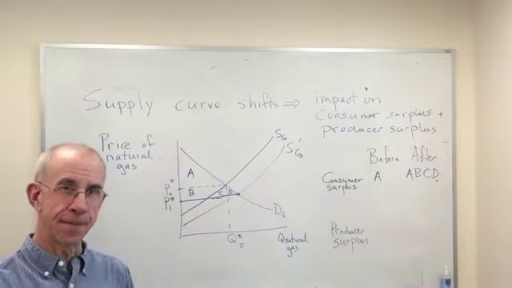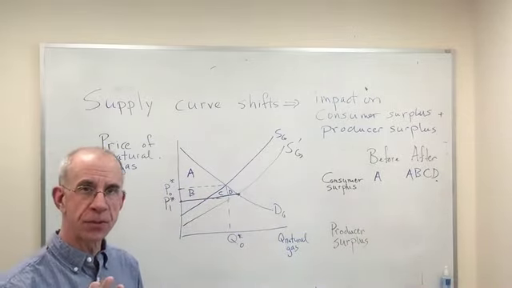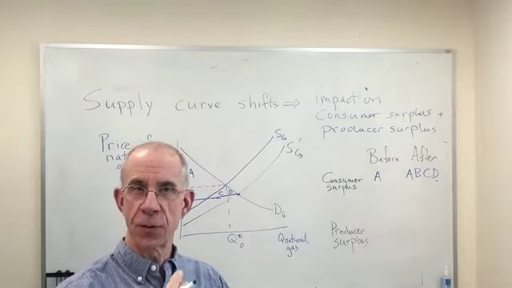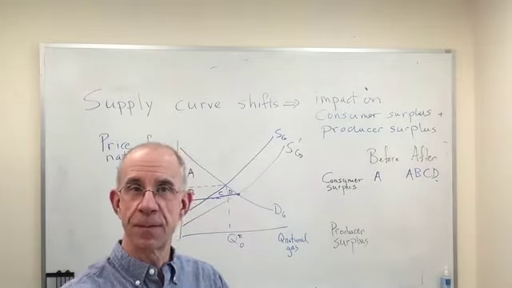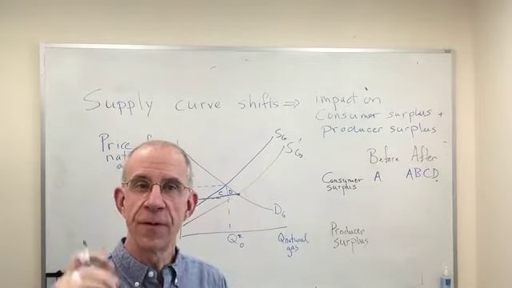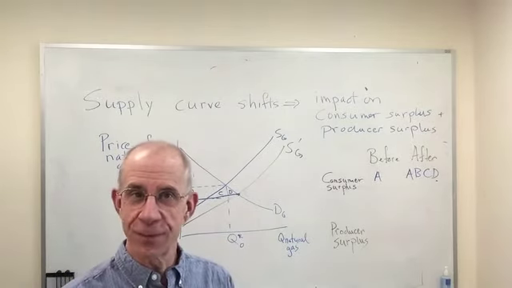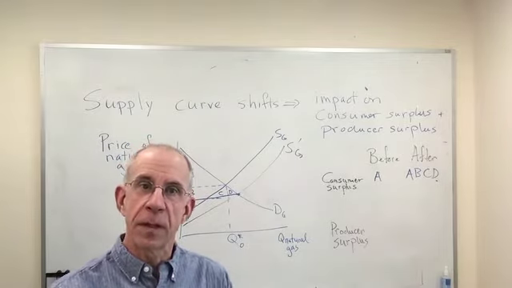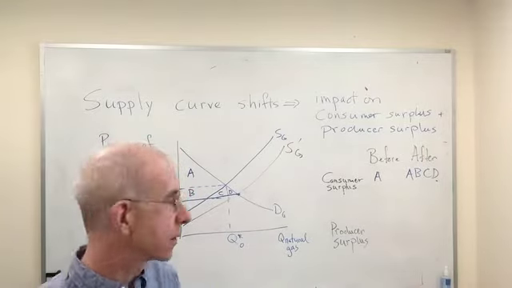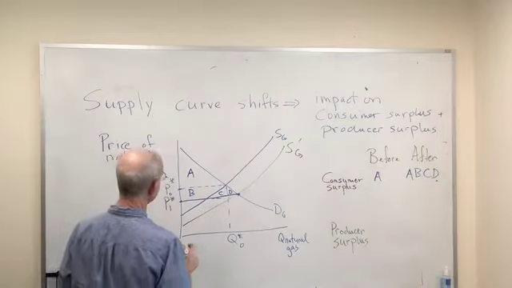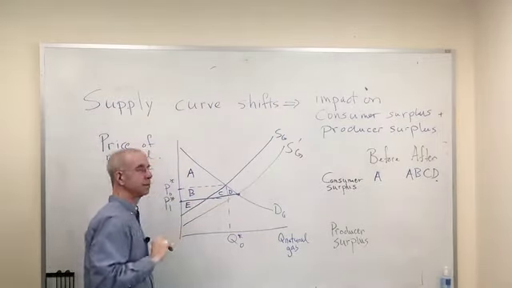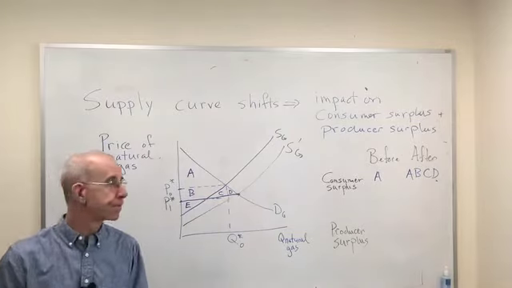Producers are a little bit trickier, because remember, producer surplus is defined based on the cost of producing something compared to the revenue that they get, but the costs have changed. So how do we evaluate that? Well, let's take a look. Let me add another letter in here.